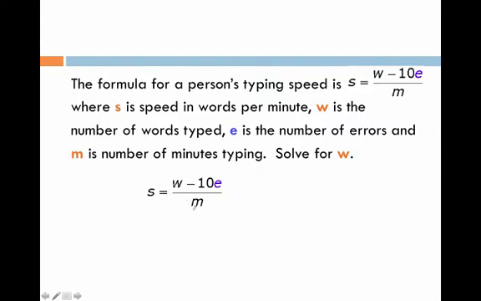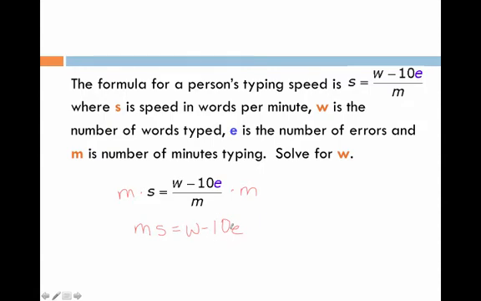So what are we going to do first? Well, first I'm going to have to get rid of this denominator because everything is divided by M. So first things first, I'm going to multiply by M on both sides. So I have MS equals W minus 10E. Okay, well, my W is still not alone.